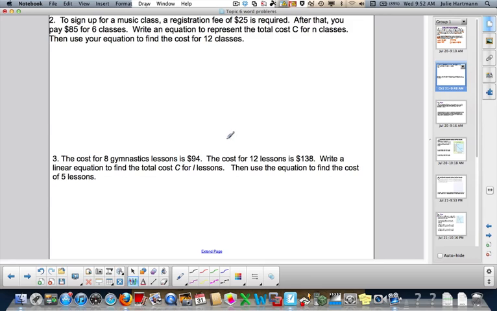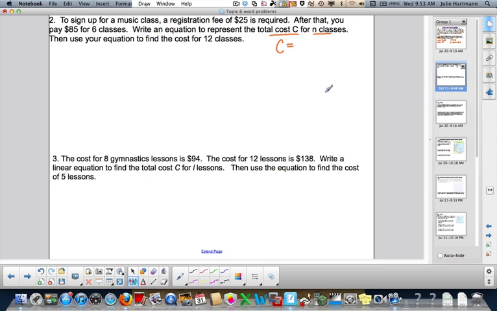To sign up for a music class, a registration fee of $25 is required. After that, you pay $85 for 6 classes. Write an equation to represent the total cost C for n classes. So you know that is going to be C equals something times n plus your starting value.